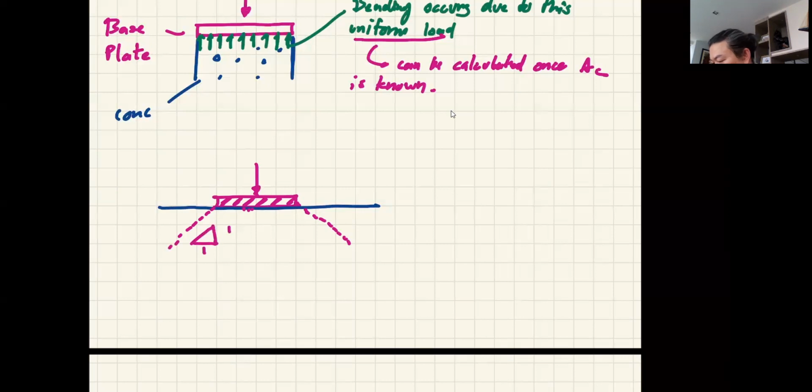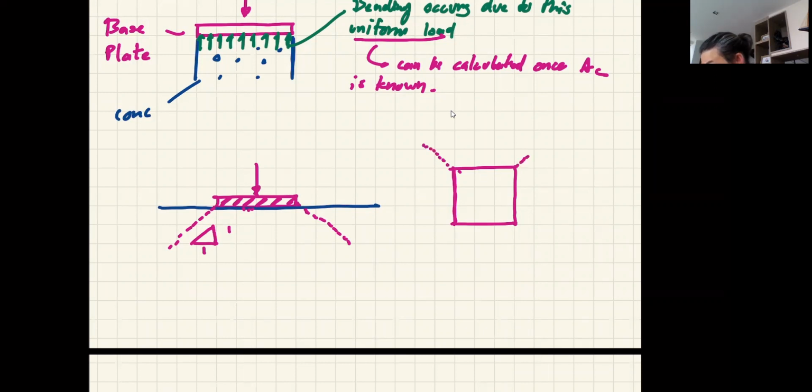So if I draw this top view, it means that the distribution here will go out like 45 degrees in each direction like this, until it hits the edge and it cannot go anymore.